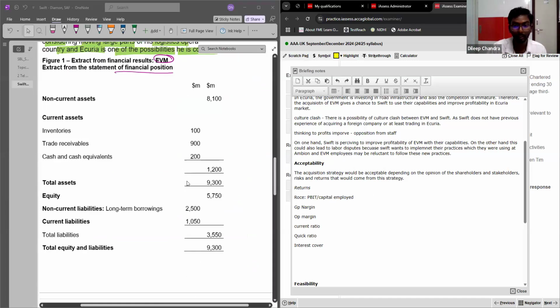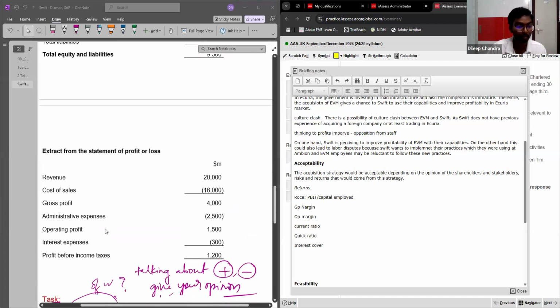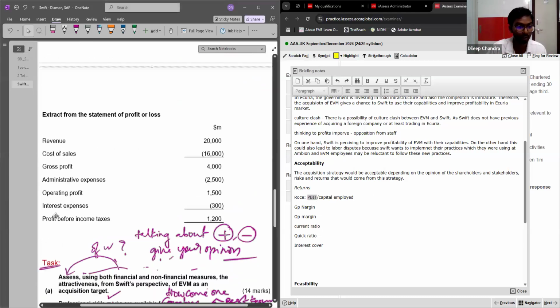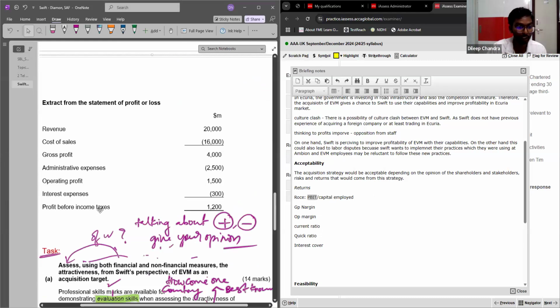PBIT is profits before interest and tax. Where do I find it? In the statement of profit and loss. Profit before income tax is 1200. Operating profit, PBIT, is 1500; less interest expenses, I got profit before income tax.